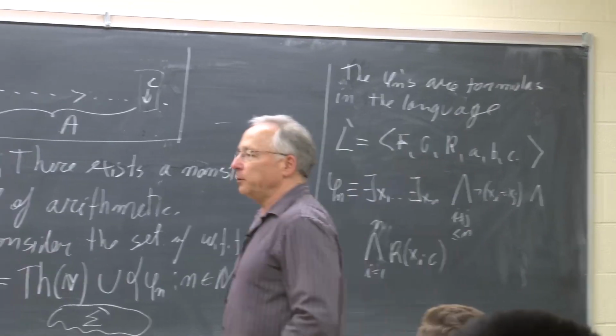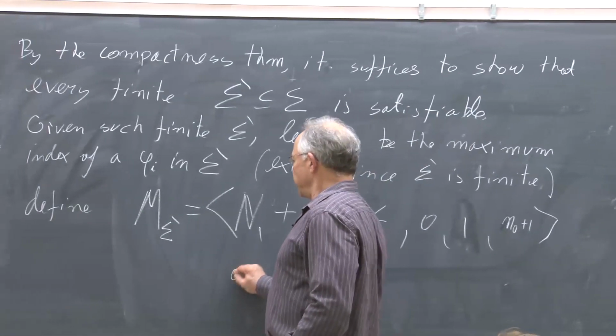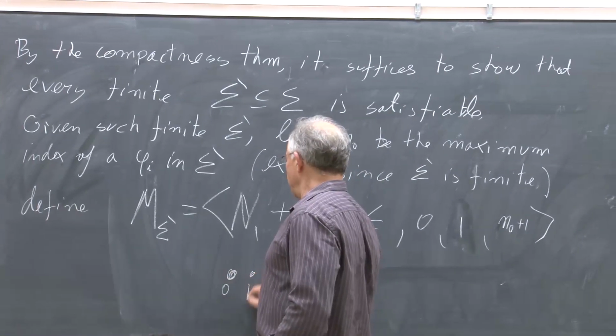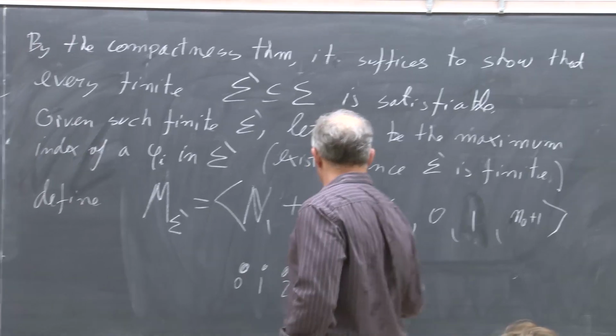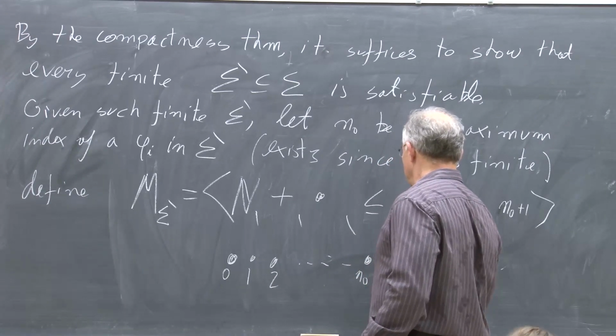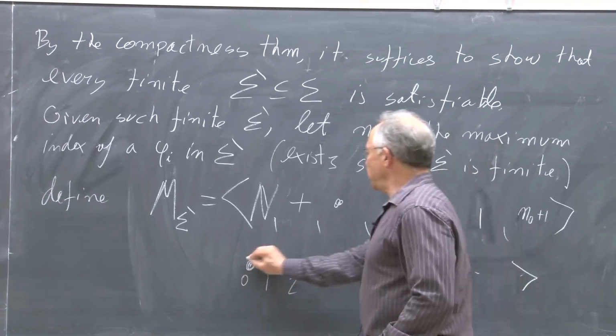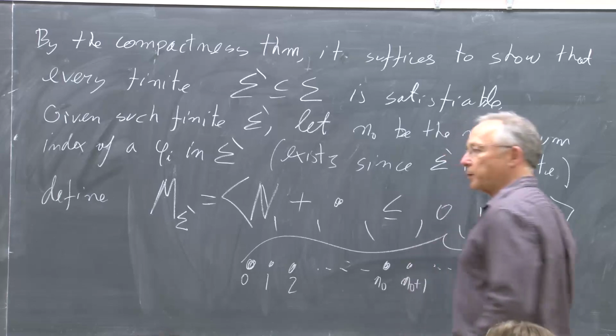You see, what I do here is I just look at the usual model of the structure. This is 0, 1, 2, and here I have this n0, n0 plus 1. And this is the usual structure of the natural numbers.